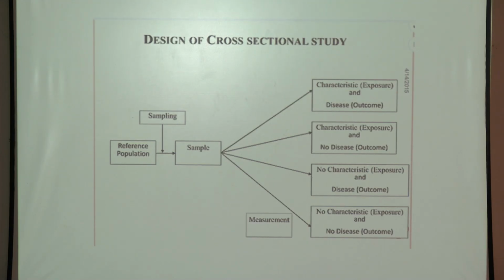Four categories basically: characteristic and disease outcome, characteristic and no disease, no characteristic but yet the disease, no characteristic and no disease.